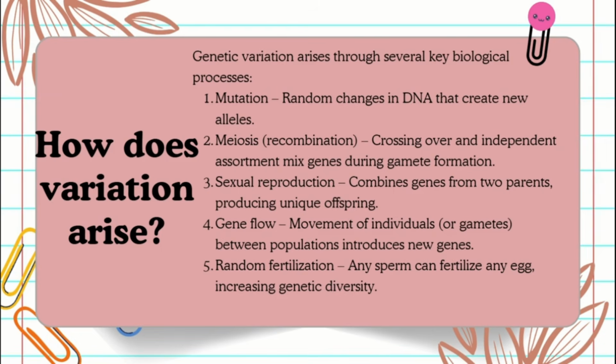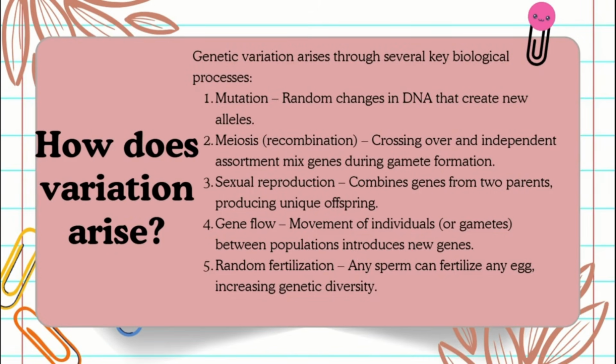You have meiosis 1 and meiosis 2. In prophase 1 of meiosis 1, you're going to have crossing over, and that's when the homologous pairs switch segments, and that allows for recombination, and that's where you get the variation.